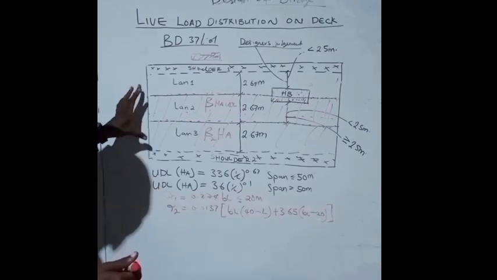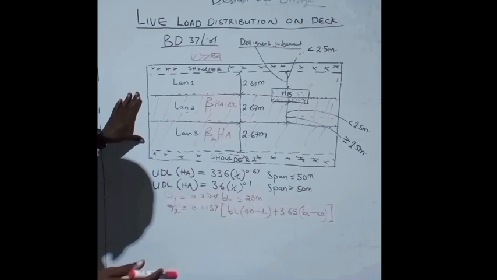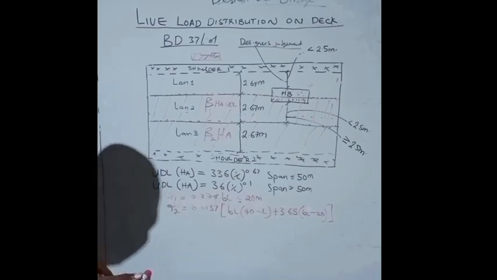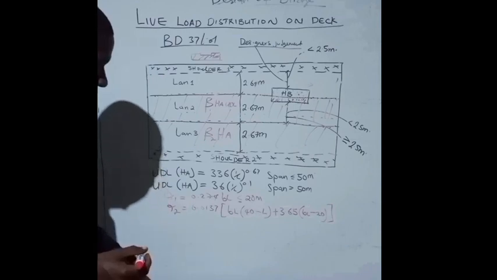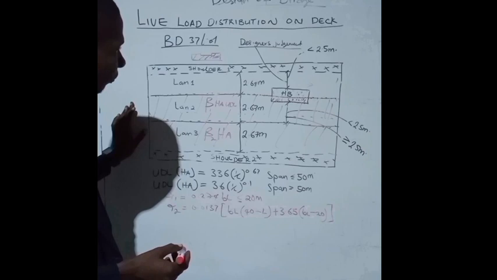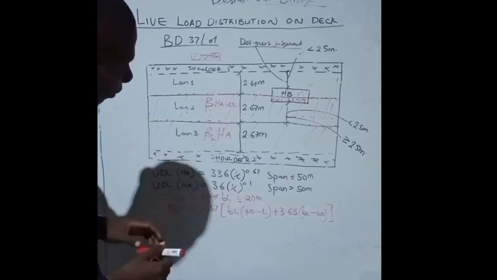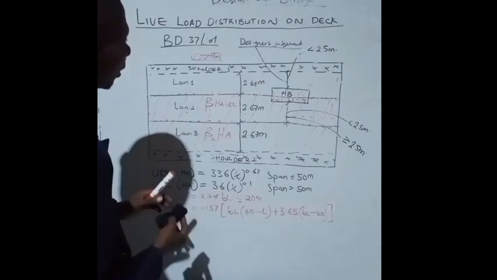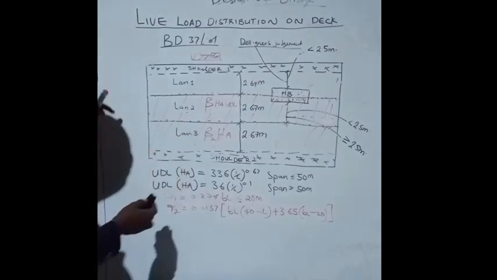We want to use this bridge. Let's draw it out. Let's get a cross section of the bridge so that we can see and appreciate what we have done. All right. So I'm going to clean it off so we can look at it carefully.